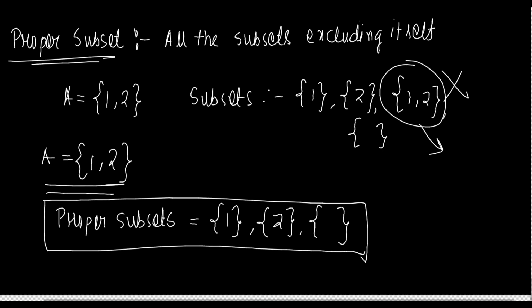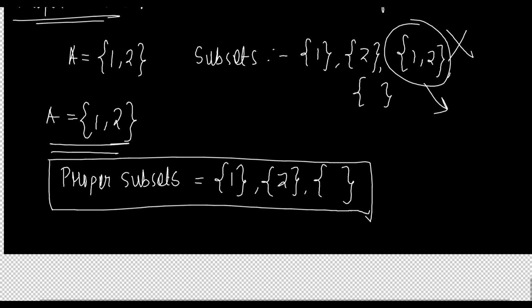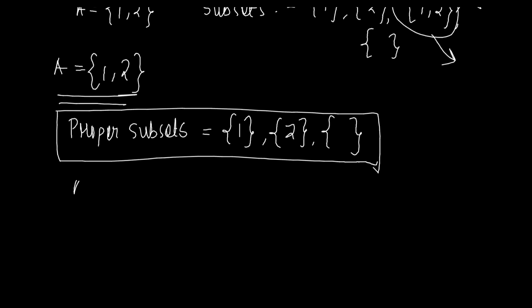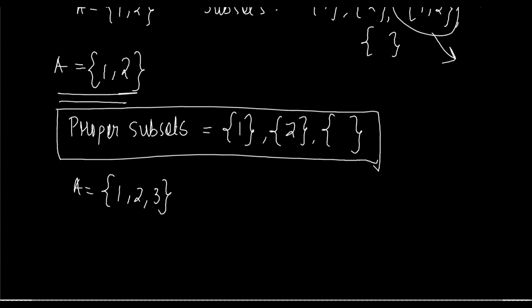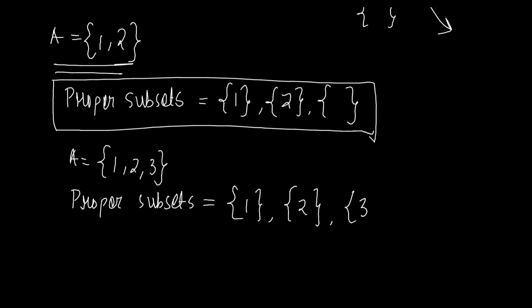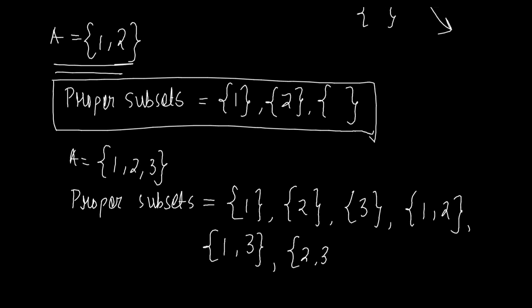Also in the next case, where we have taken A equal to 1 comma 2 comma 3, the proper subsets will be 1, 2, 3, then 1 comma 2, then 1 comma 3, then 2 comma 3, and the empty set.